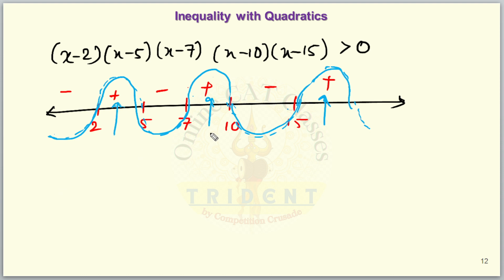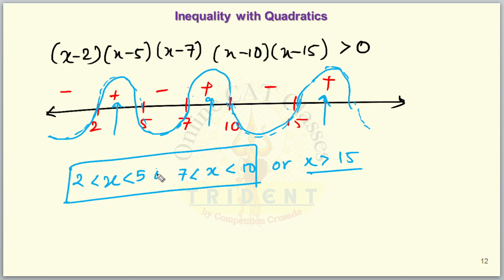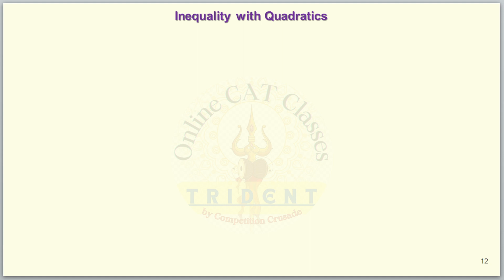When we write them, we will write x lies between 2 to 5 union x lies between 7 to 10 union x is beyond or at this point greater than 15. So one part will be this one and the other part will be this one. So higher order inequality will also be solved through the same wavy curve method. That's it.